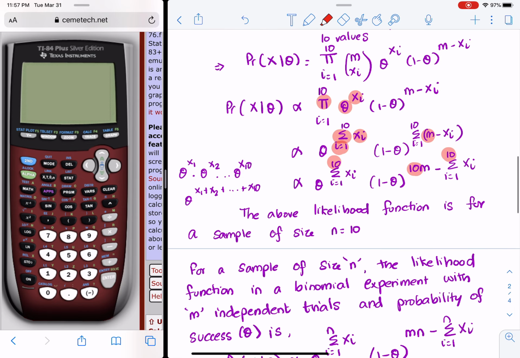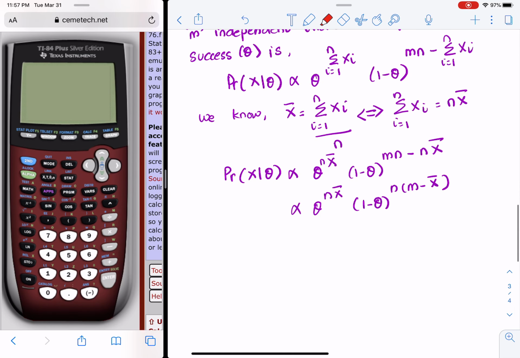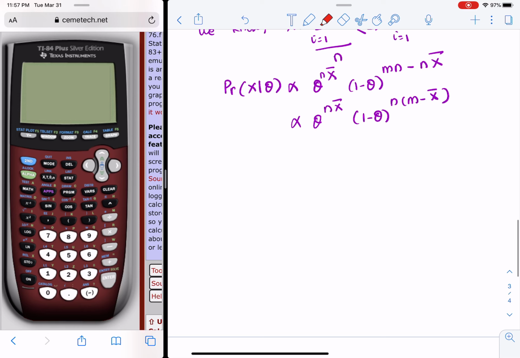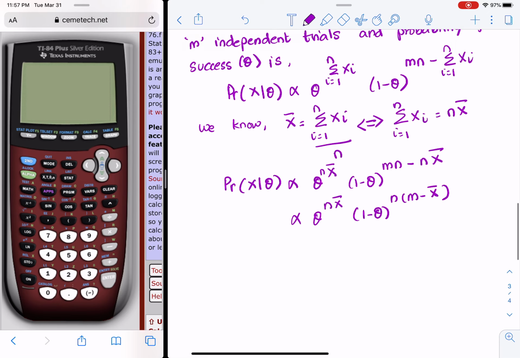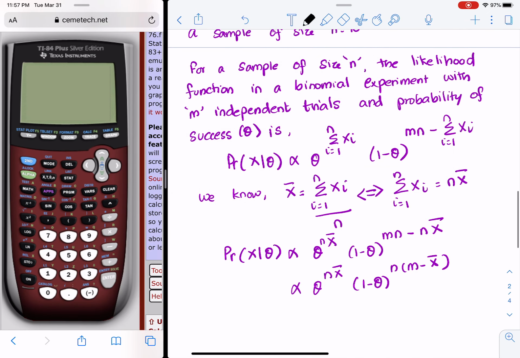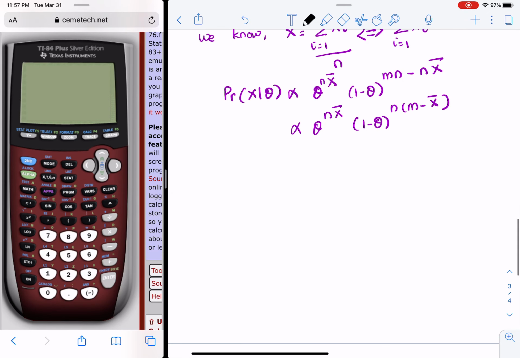Let's see if we get that answer with the likelihood function. So first, we ask the question, is theta equal to 0.6?